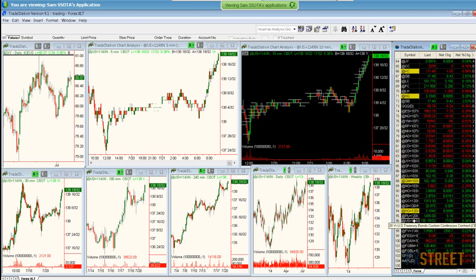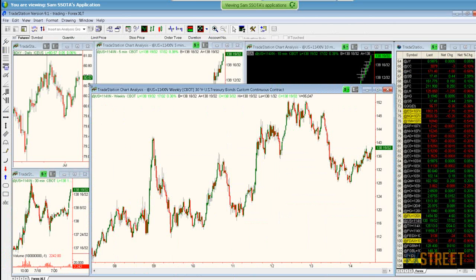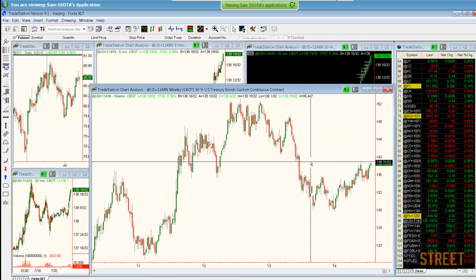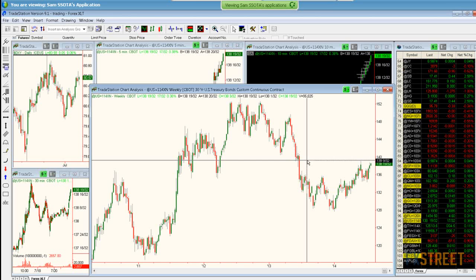So here is the 30-year. Let's take a look. There's the weekly, but what I want to point out on the weekly is this level right here. I love looking at this market.